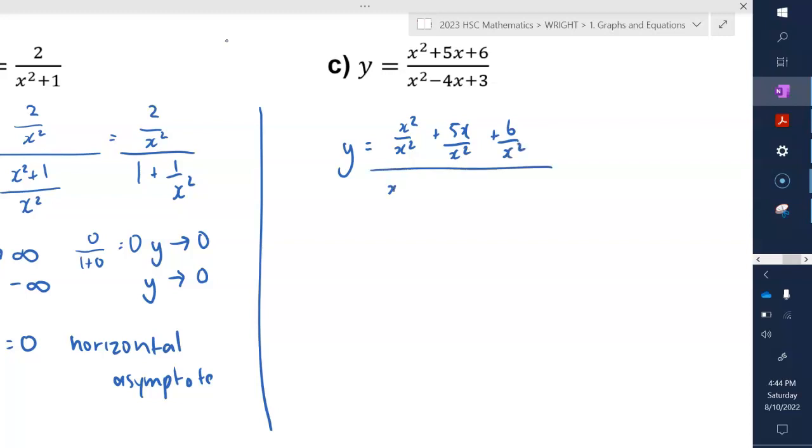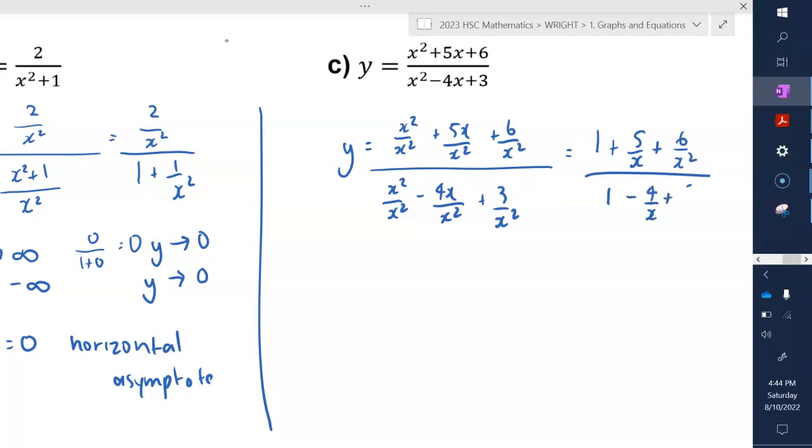Our bottom line becomes x squared over x squared, minus 4x over x squared, plus 3 over x squared. This is where your algebra comes in really handy. We'll end up with 1 plus 5 over x plus 6 over x squared all over 1 minus 4 over x plus 3 over x squared.